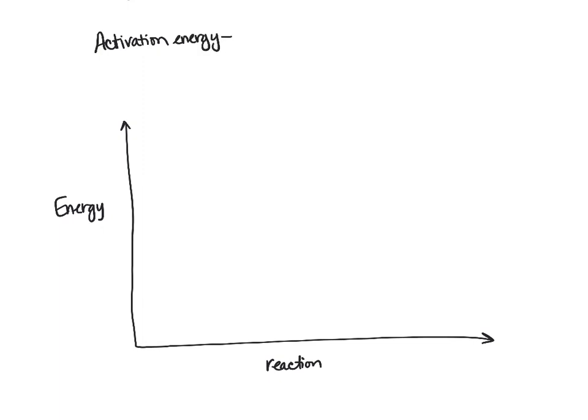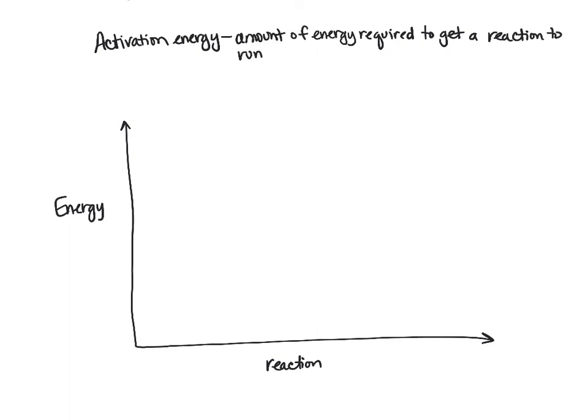This is the amount of energy it takes to get a reaction to run, meaning get the reaction to do the reaction. So the amount of energy required to get a reaction to run.